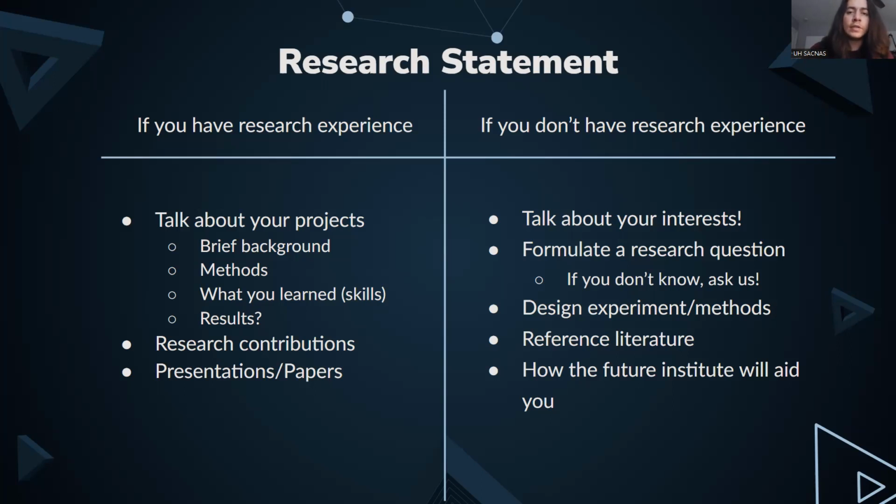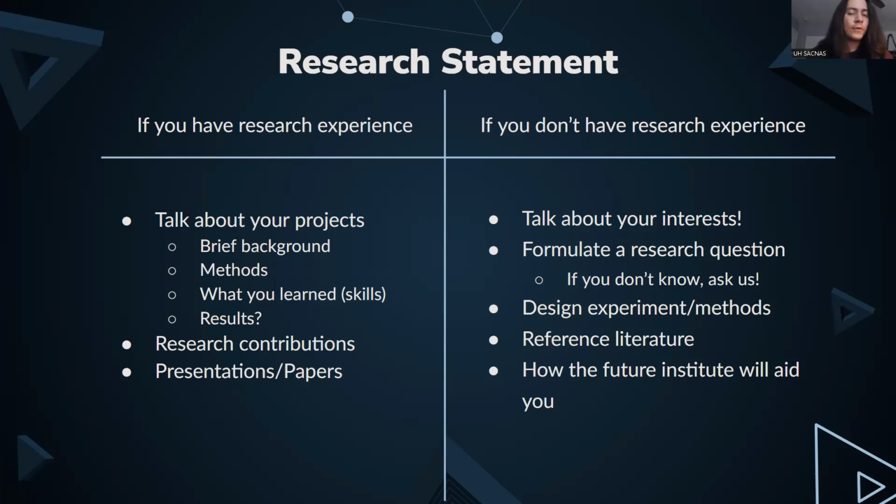But there are some differences in the sense that a research statement is where they're solely asking you to talk about your research experience. Which is important because if you're going into a STEM PhD program or say a master's program, you are probably going to be expected to do research. So having experience is a good sign that you are going to be able to do research in their institution.